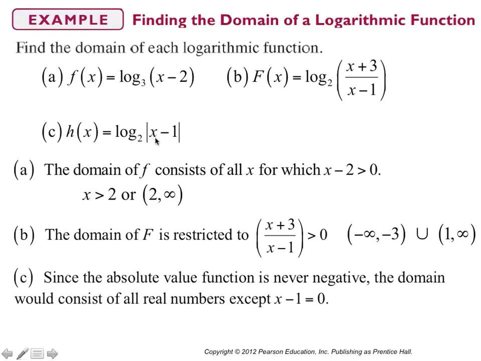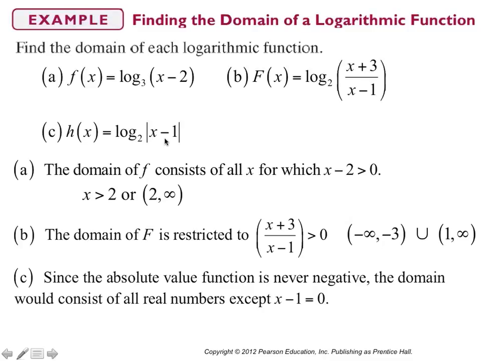And then if we look here, we would set absolute value of x minus 1 greater than 0. Well, hopefully you recall that the absolute value function is never going to be negative. So the domain is always going to be all real numbers except the one when x minus 1 is equal to 0. Because if you have x minus 1 equal to 0, then we're going to have log base 2 of 0.